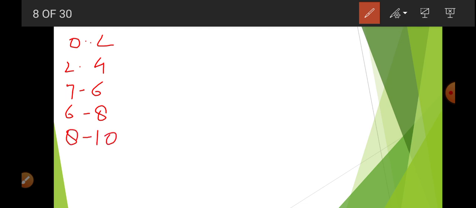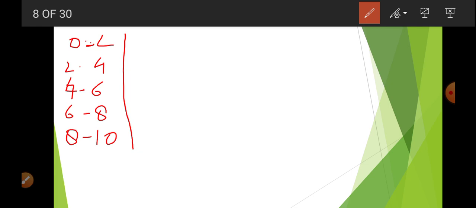And how is it done? The first thing is that there is a gap of 2. So in this way all the lower limits are already given. When we add 2 to 0 we get 2, and in this way for 0 to 2 we get the class interval. Same way we will do with all.